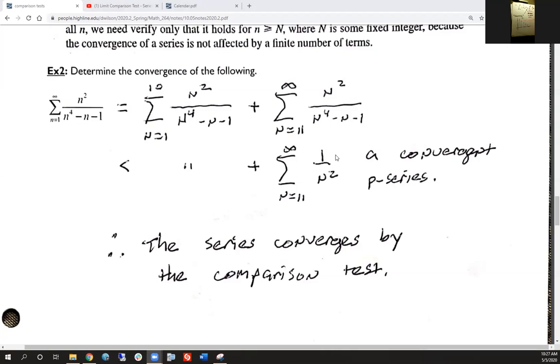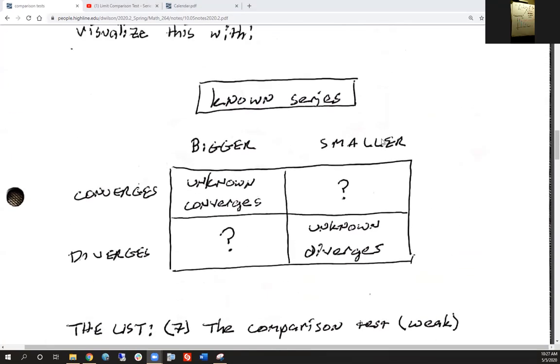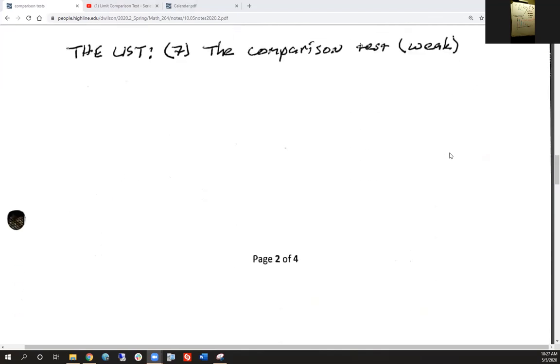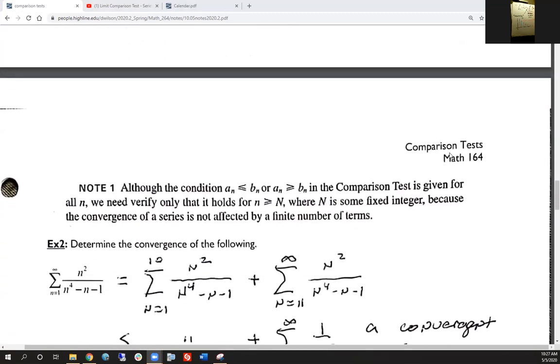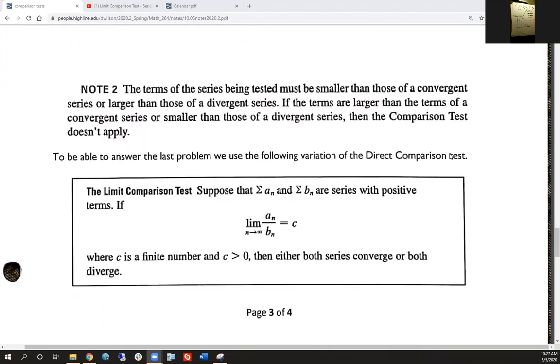The problem with the comparison test is that you end up having to deal with things like little terms at the beginning and going, what happens with those little terms at the beginning? It's just an awkward test to actually implement, even if it's intuitive. So the limit comparison test works as follows.